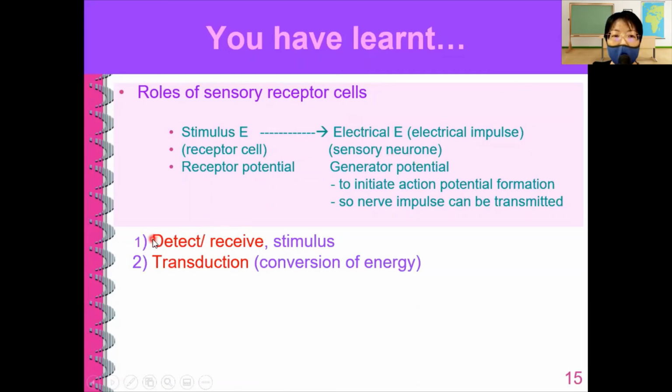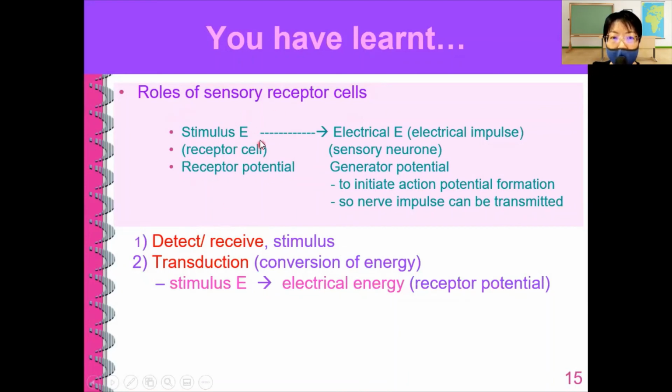So first function, the role of sensory receptor, is to detect or receive the stimulus, then transduction is conversion of energy. Okay. So stimulus energy is converted to electrical energy, which is called the receptor potential in the receptor cell first. Then after that, this receptor potential can act as a stimulus to actually stimulate the neighboring sensory neuron, okay, to generate an action potential.